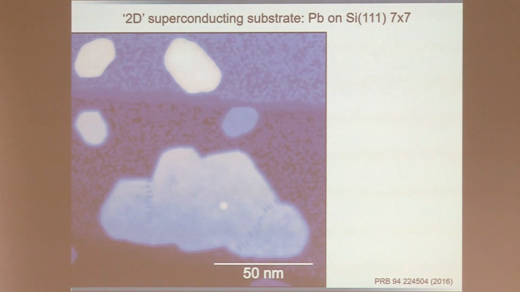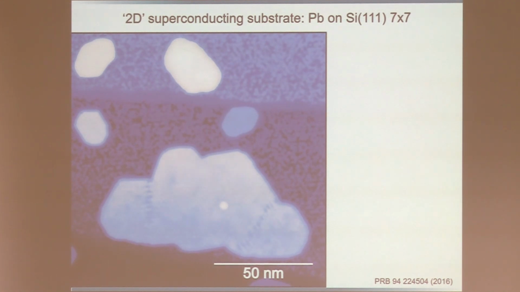Still, we want to have spins that have a long coherence time, and these measurements that I just showed you told us that the copper nitride layer is not the way to go. So we thought, let's do something else. The thing that hurts the spin coherence of magnetic atoms or magnetic molecules on such surfaces is essentially the elastic electron scattering, right?